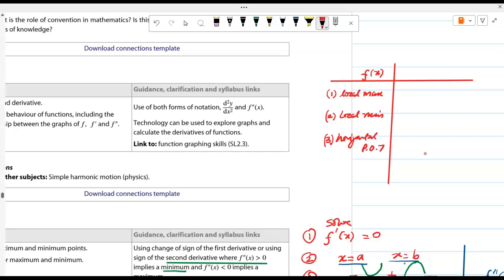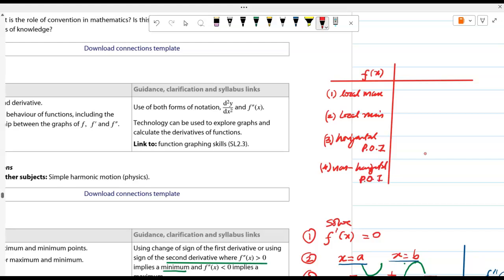I am calling it POI for short, but you cannot do that. Only if you are above 18, you can write POI. Are you below 18 or above 18? Below. So you can't use POI. Horizontal point of inflection, non-horizontal point of inflection. So you mark that first.